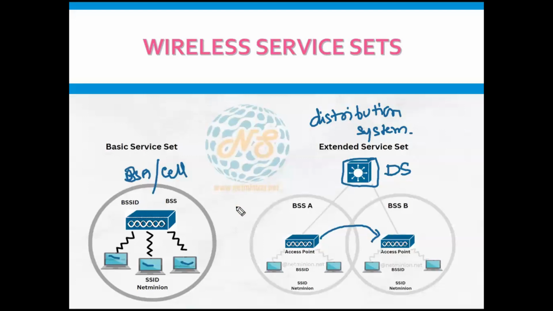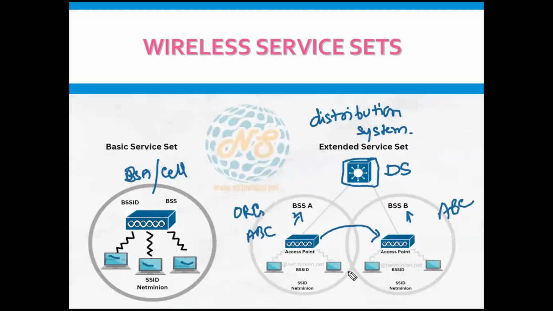So if it's not your own AP, it could be an AP of another organization, right? No, it is your organization only. Let us say organization ABC and ABC. But what about the clients connected with BSSB and BSSA? How will they interact with each other if they need to talk?